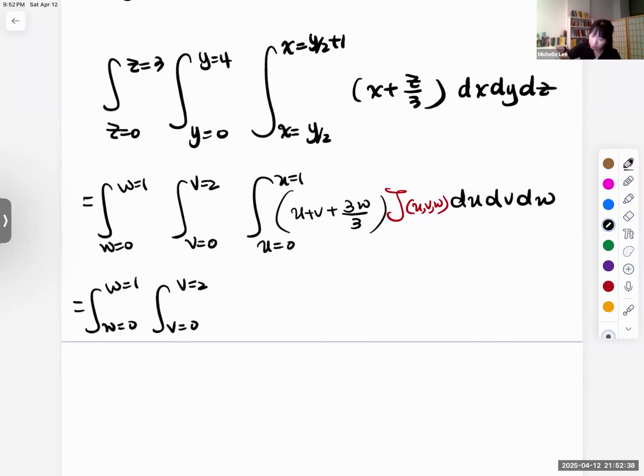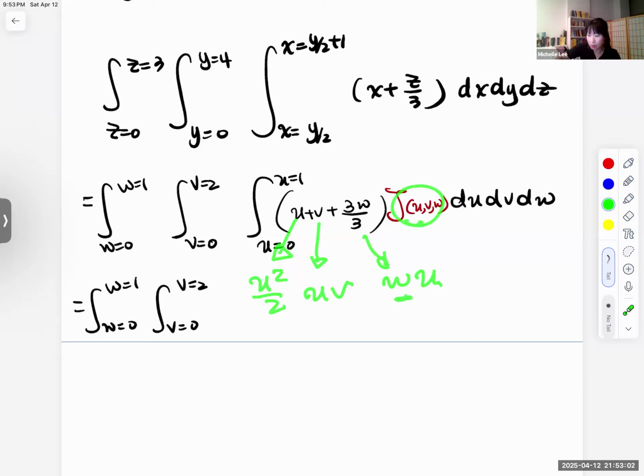Okay. So once again, we integrate u squared over 2. Integrate this one, uv, because constant we keep that, right? And this one, wu, right? Because we integrate with respect to u, and w is a constant. Make sense? Okay, now I'm going to write down 6, the Jacobian, right?